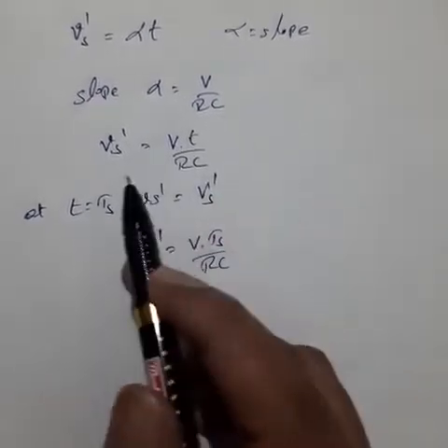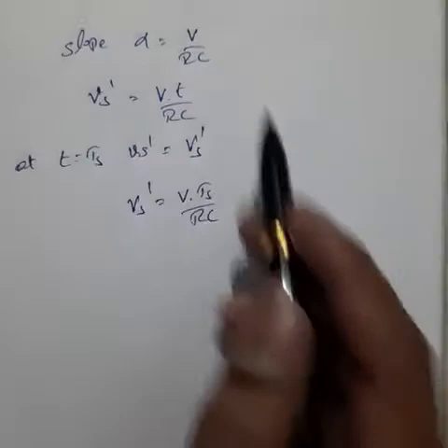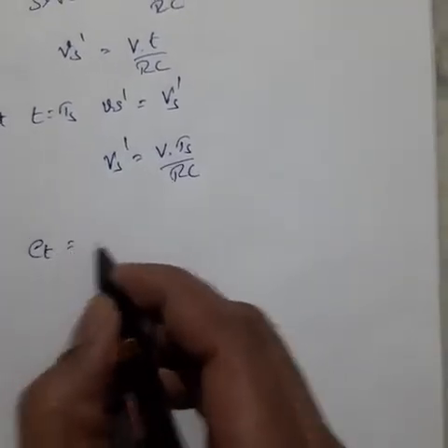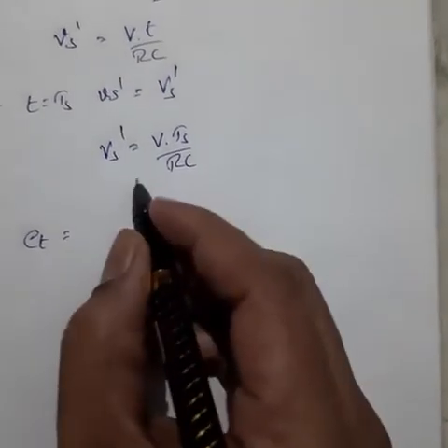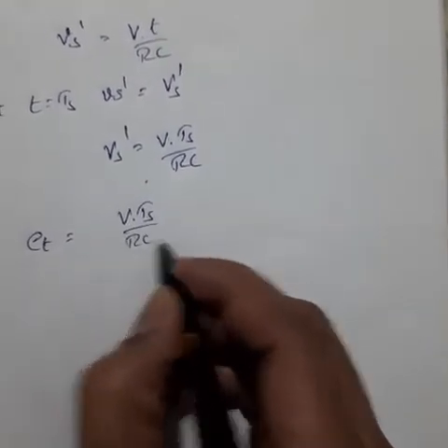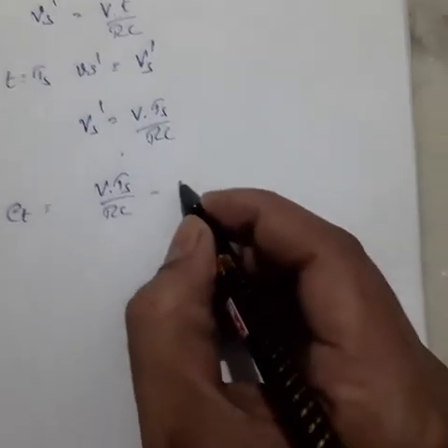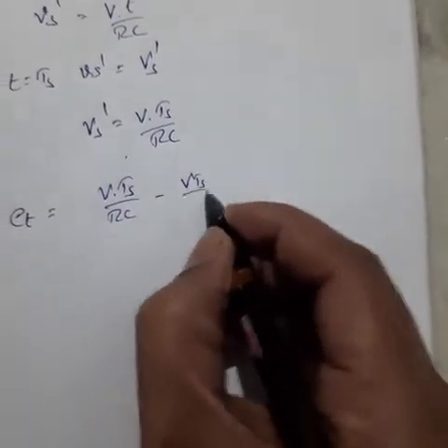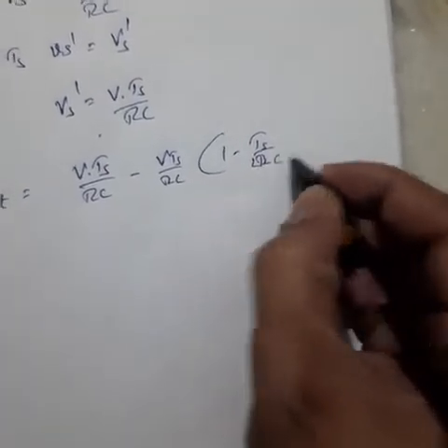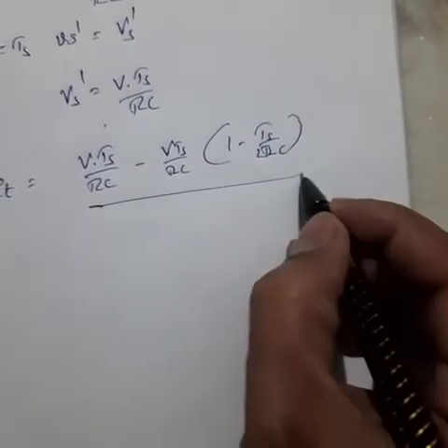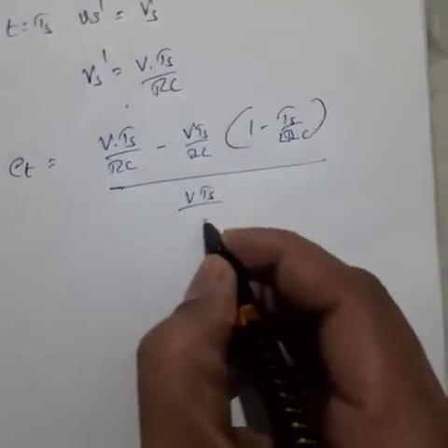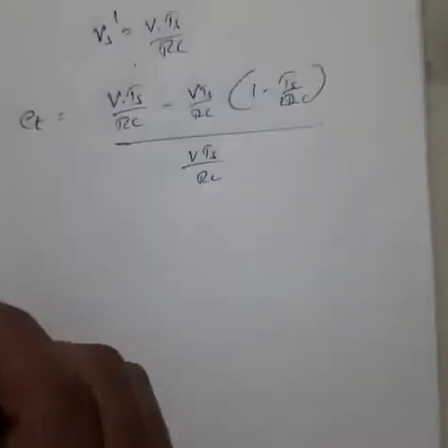Finally we get the transmission error Et equal to input, V Ts by Rc, minus output, V Ts by Rc into 1 minus Ts by 2Rc, divided by the input V Ts by Rc.